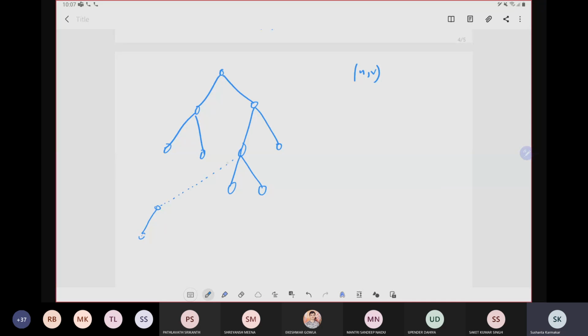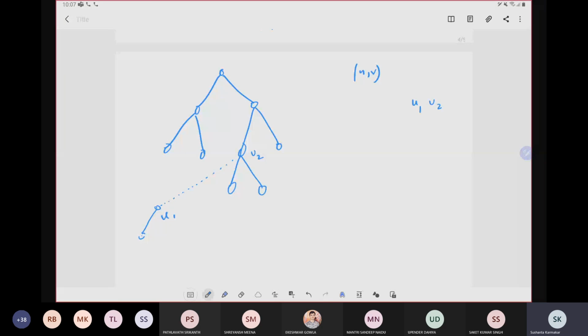This edge is not an edge in the structure. It is actually an edge in the original graph. Let's say this is U1, this is U2. Now we will consider the edge U1, U2, because that is the next in the sorted list.